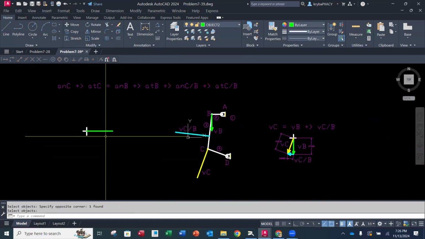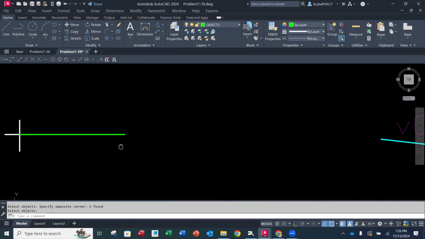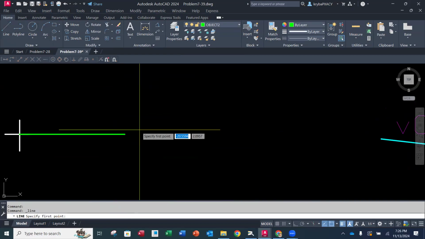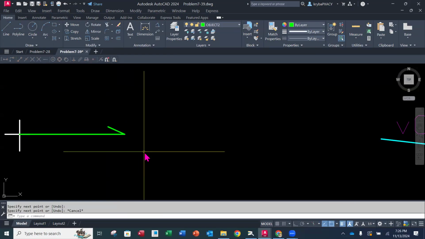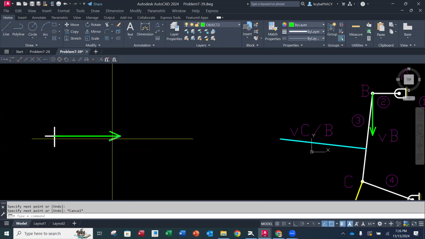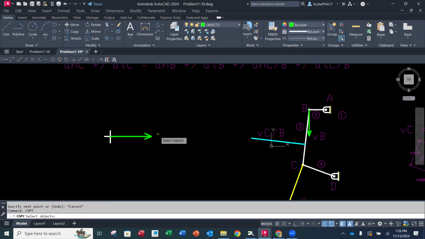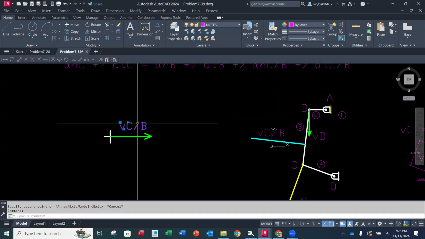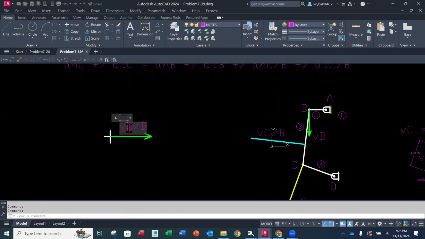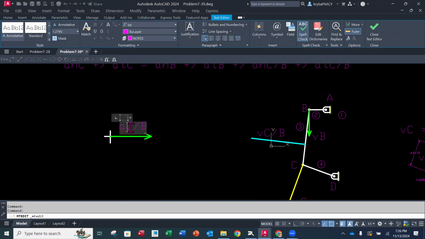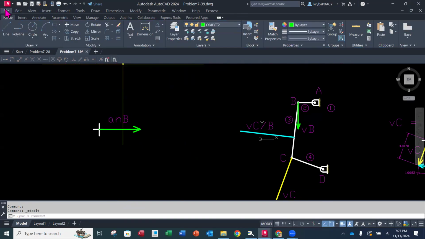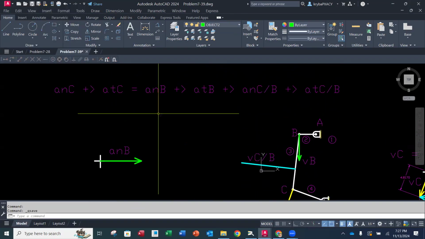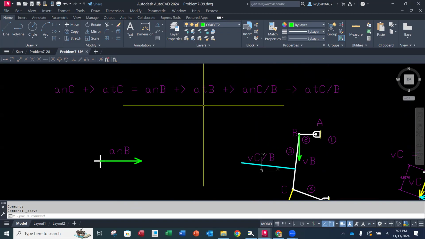Okay. Now I know that this is going from B towards my center of rotation. So that means the arrowhead is going to be going to the right. And this is going to be the acceleration normal at B. Okay. That's my first vector. My second one is going to be the tangential.